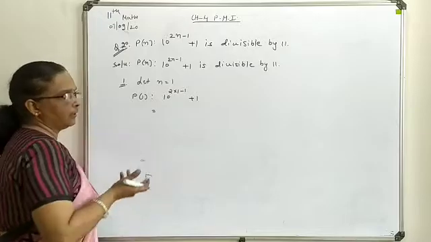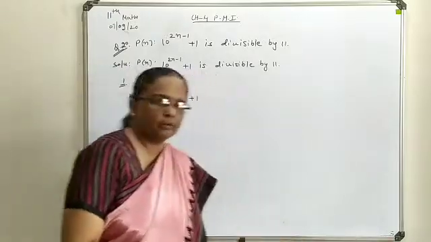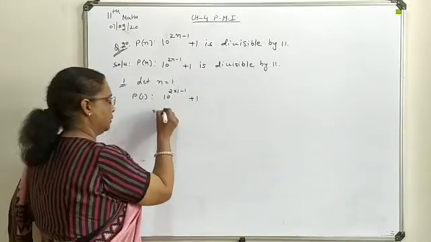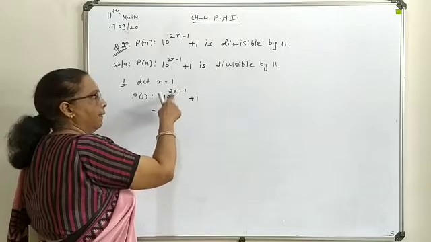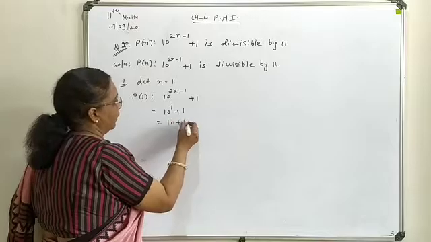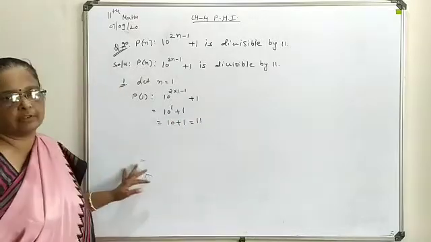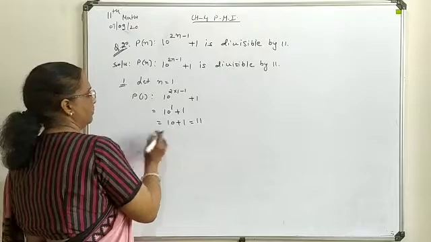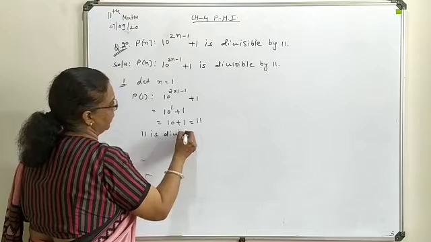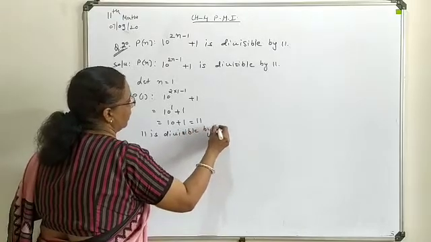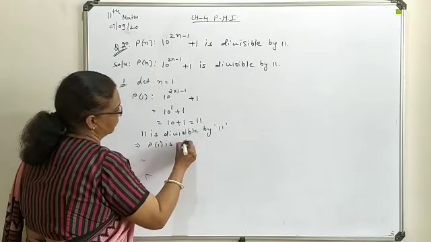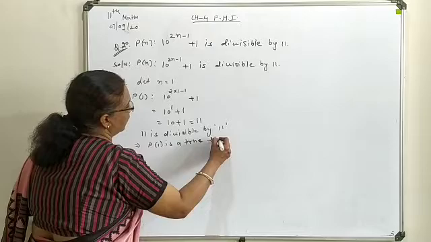Let's check whether this value is divisible by 11 or not. 2 minus 1 means 1, plus 1, so you get 11. 11 itself is divisible by 11. Therefore, P1 is a true statement.